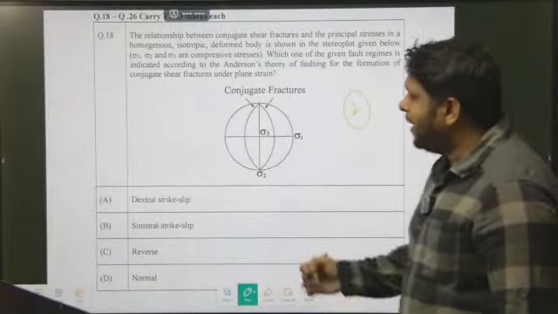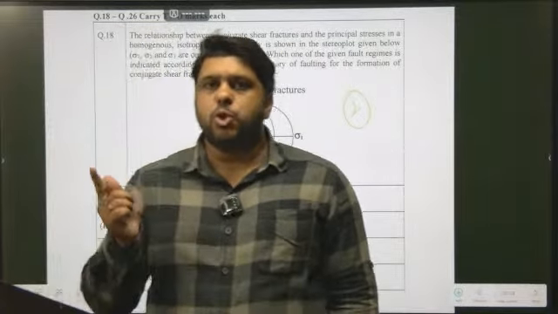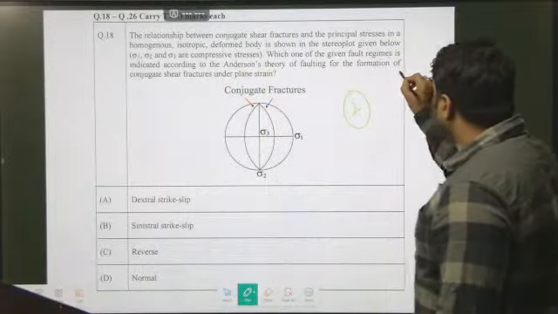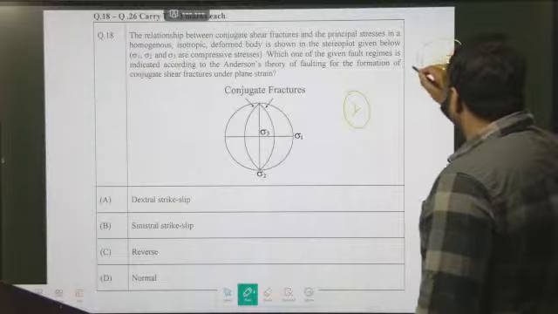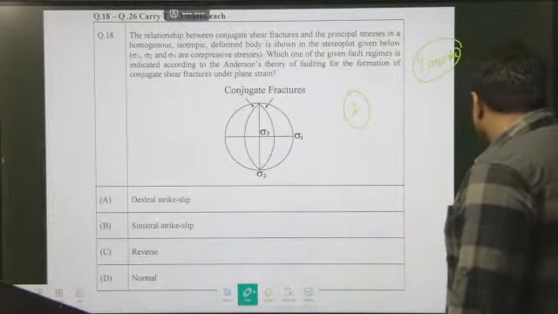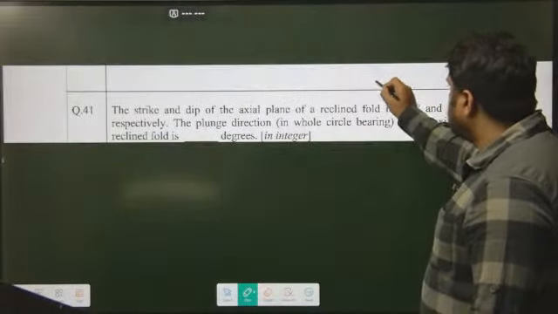So in total, in Part A, which is common for geology and geophysics students, we have 4 marks of questions. Then we have this numerical question, which is again 2 marks.